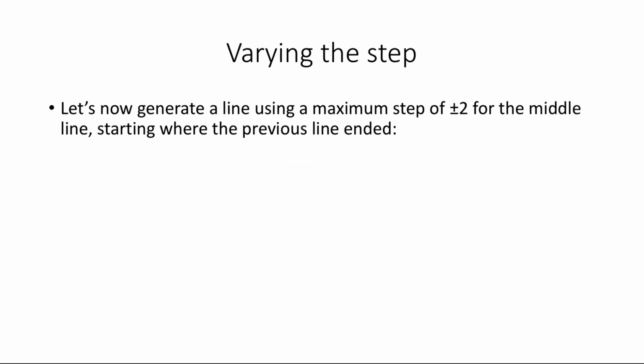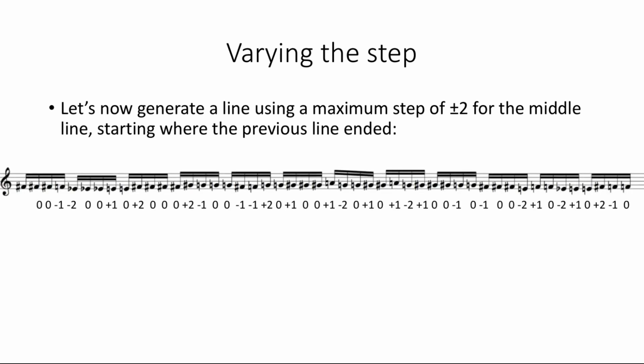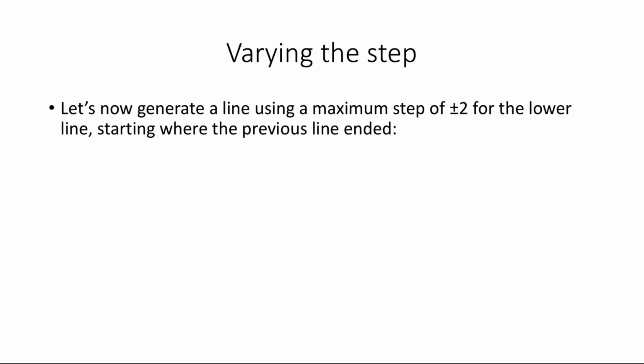Let's now generate a line using a maximum step of ±2 for the middle line, starting where the previous line ended. And let's now generate a line using a maximum step of ±2 for the lower line, starting where the previous line ended.